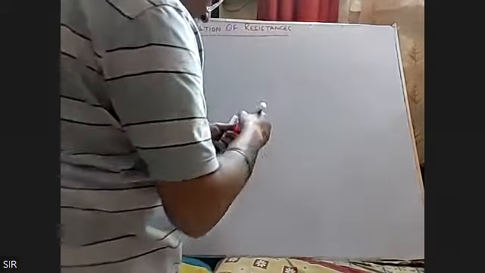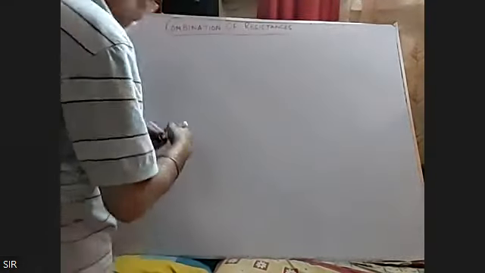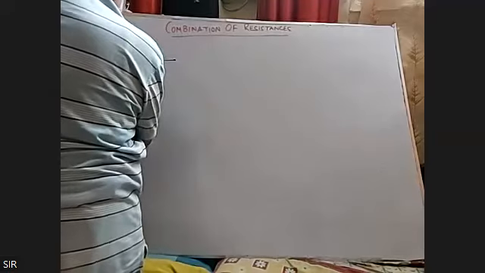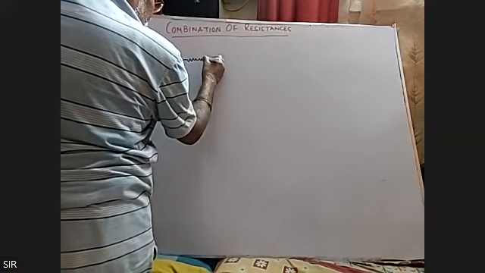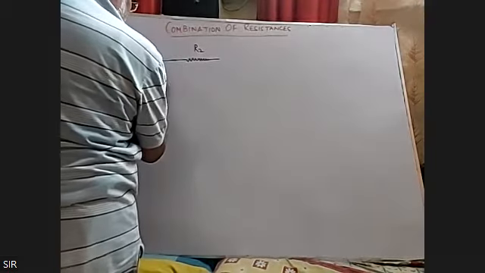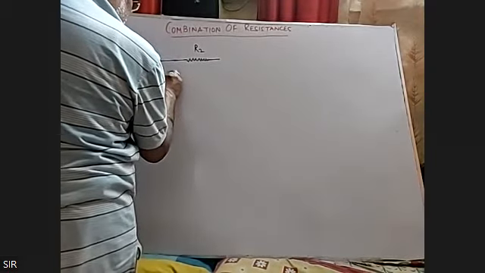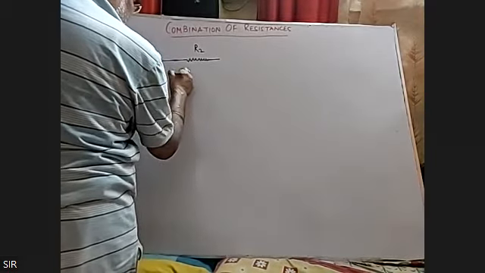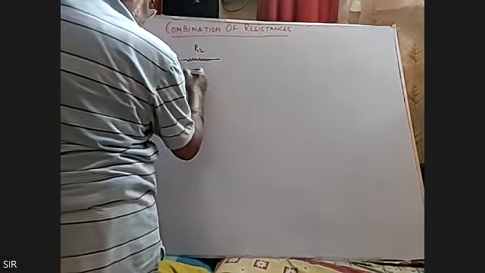See, we have two types of combinations. One is called series. Suppose this is one R1 resistance. It is directly connected like this with R2. So this is called series combination where head of a resistance is connected to the tail of the other resistance.